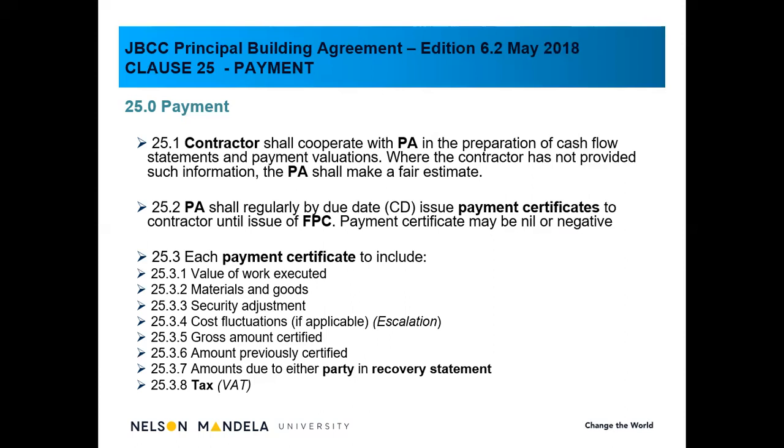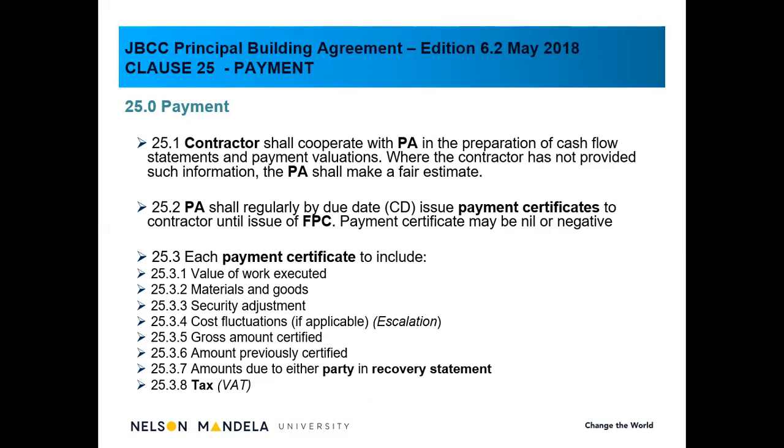Payment certificates may be nil or negative. If it's nil, in other words, there is a zero amount to be certified, as a quantity surveyor, you still have to issue a payment certificate, let's say payment certificate 10 to the value of 0. It is not the case that if you don't have money to certify for that month, you're not going to issue a certificate.